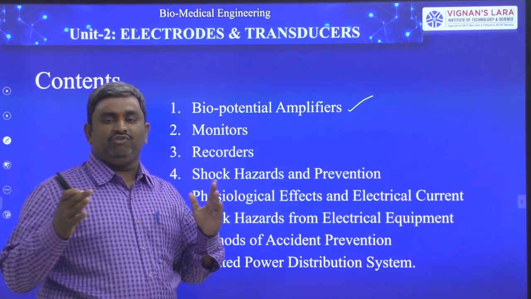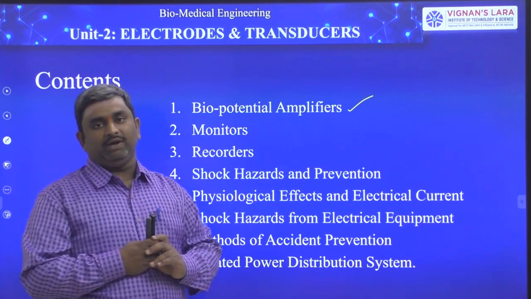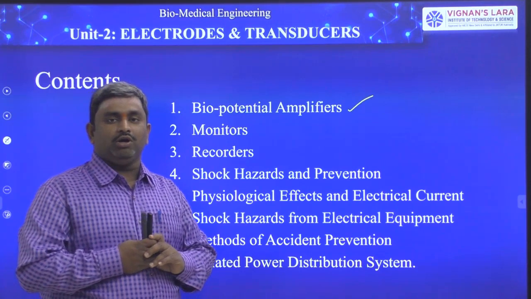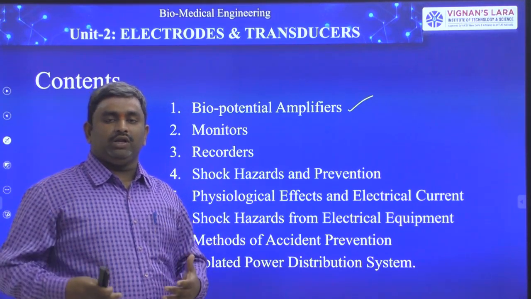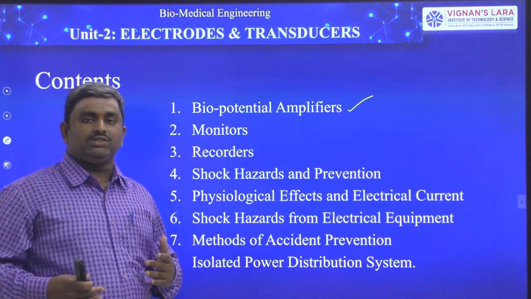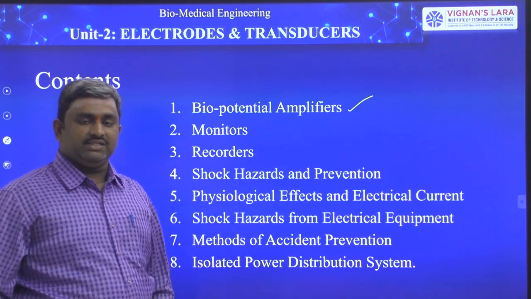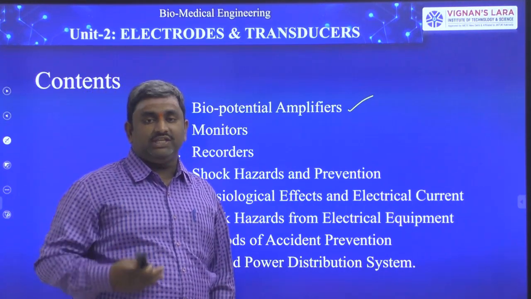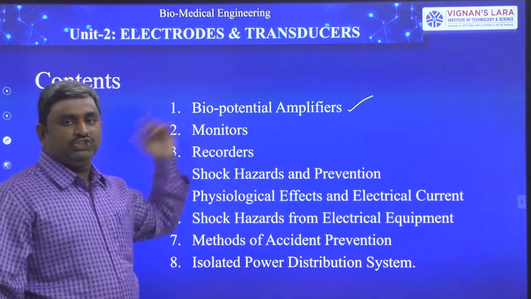How the different types of bioelectric potentials from the cardiovascular system, the respiratory system, and different internal organs are managed and diagnosed using different types of equipment. We have seen in the previous class how to collect the bioelectric potentials from these internal organs. For increasing the amplitude of these bioelectric potentials, we use a biopotential amplifier.